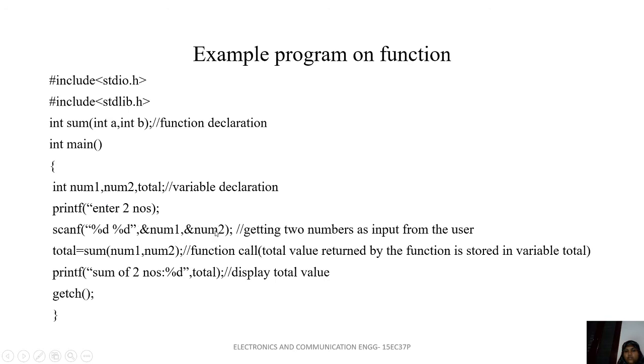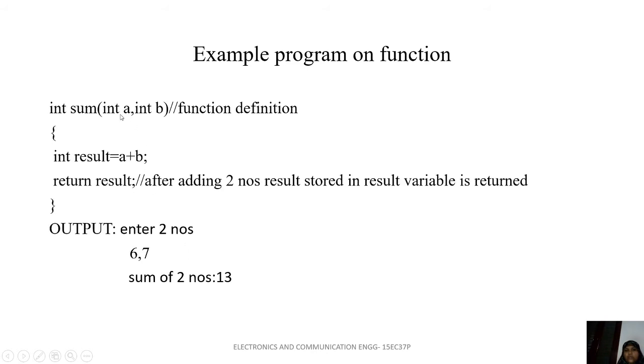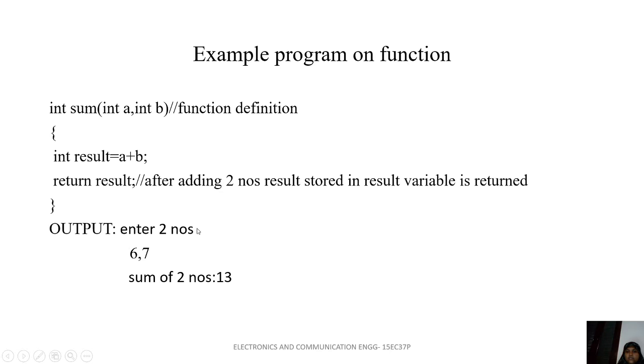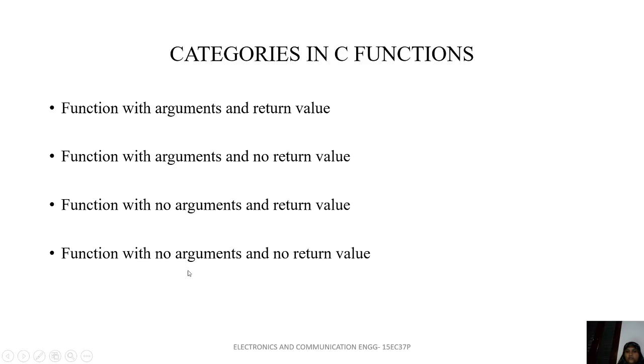These are stored in num1 and num2. The 6 and 7 are passed as arguments to the parameters int a and int b, the operation performed on these two numbers is stored in the variable result, and it is returned back to a variable in the main program and printed, as you can see in the output.